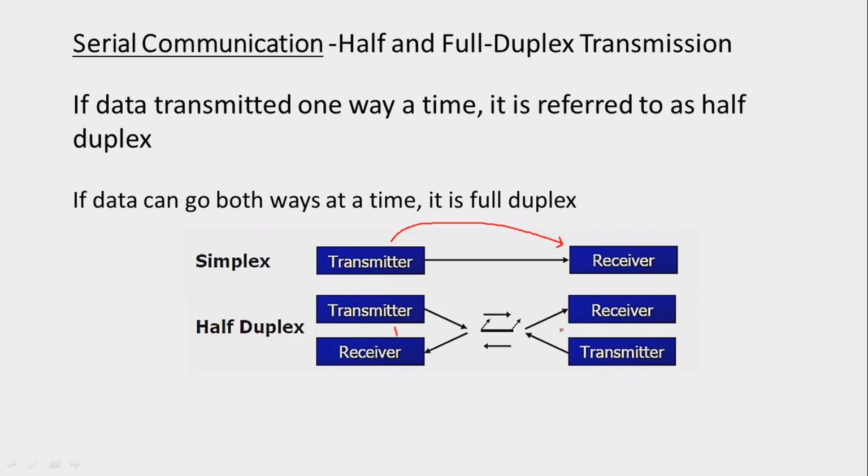Now since the channel is only one, I can perform the sending of data from here to here, and when I'm sending the data from here to here, this channel is being occupied. I cannot use the channel from this end to this end, and if I want to send that back, I'll be using the same channel.